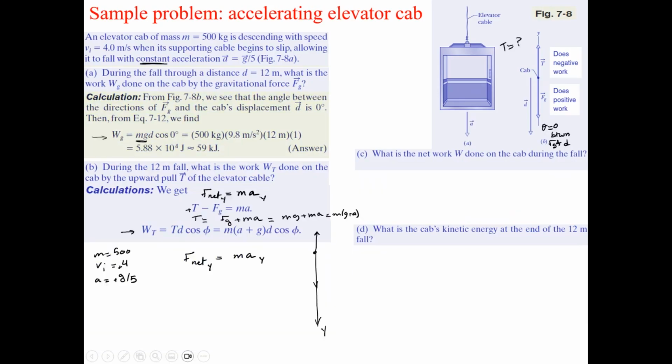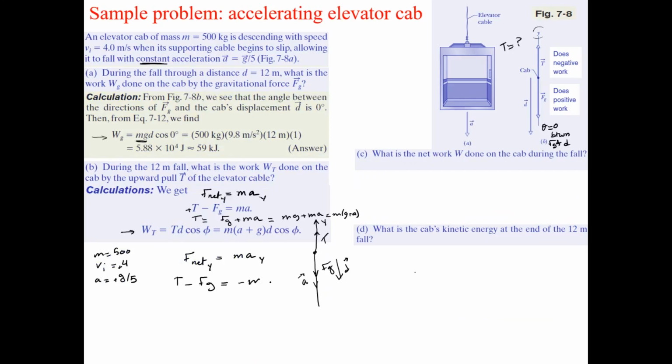I'll put the y-axis to be upwards. Namely, that's what is done in this problem, by the way. You can see how the y-axis over here is pointing upwards. Perfectly fine. So I'll get then T minus Fg equals, now my acceleration is also down and the displacement is also down.